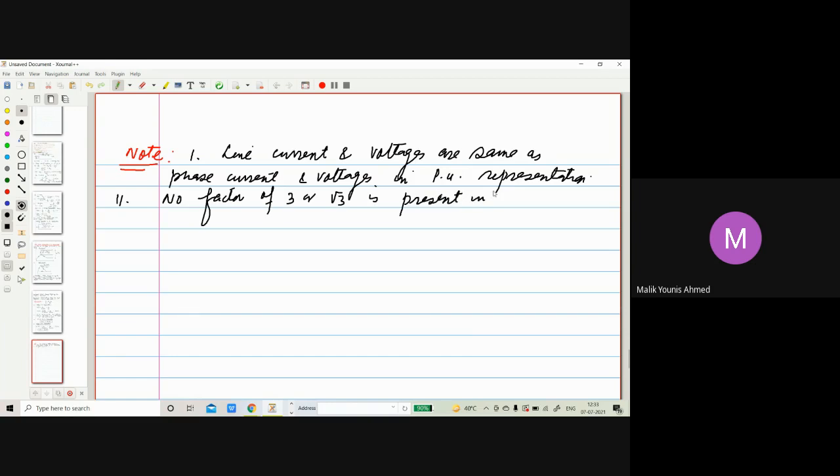No factor of 3 or under root 3 is present in three phase per unit representation. We have seen that just now. I hope it is clear up to here.